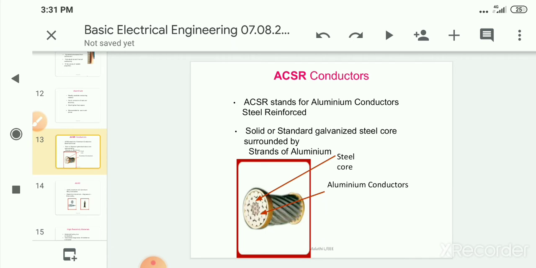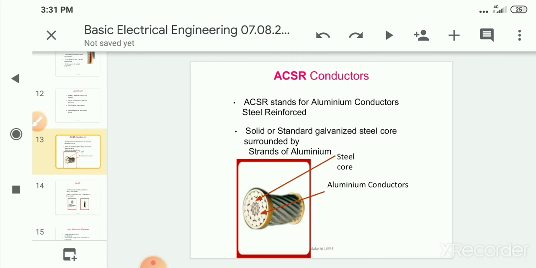Here ACSR consists of a central core of galvanized steel wire surrounded by a number of aluminum strands.